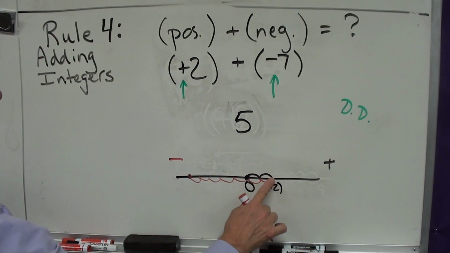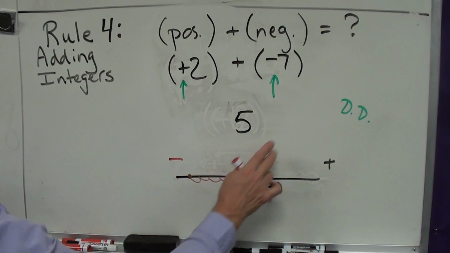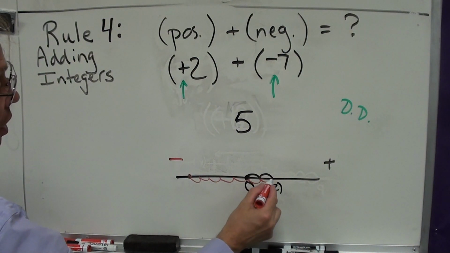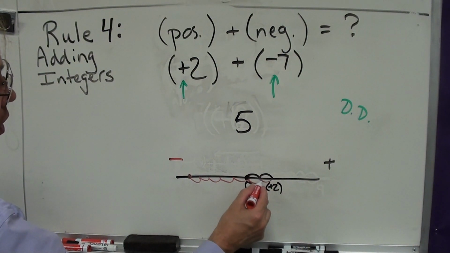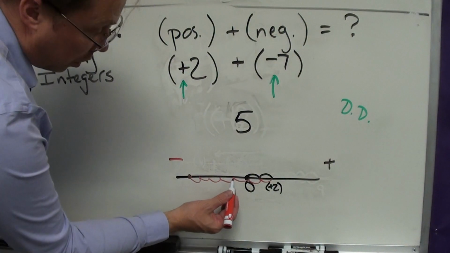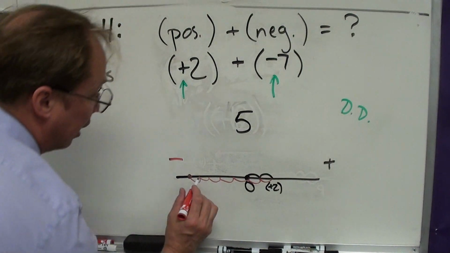So I was at 2. I go past 0 as I add 7 negative units. So from 2, it's 1, 0, negative 1, negative 2, negative 3, negative 4, negative 5.